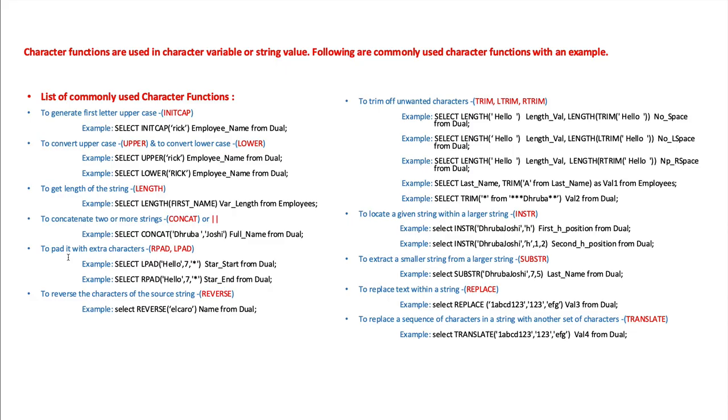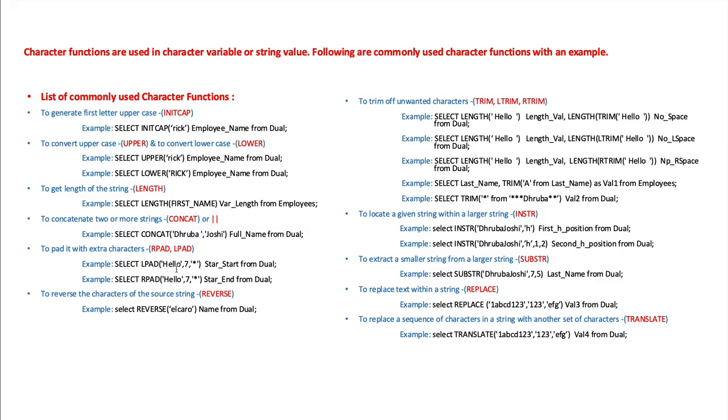The next function is PAD. Padding means we are going to add extra characters or special characters. The first example is LPAD. LPAD means in case of leading space, we are going to add one special character or any character.